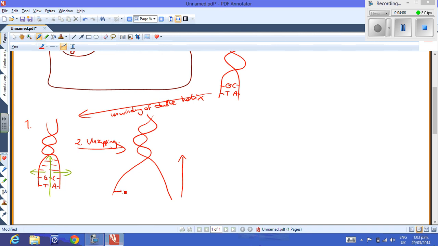So the bottom section now has been unzipped. The A and T have been separated. The G and C have been separated. And then the other bases just starting to separate as that unzipping moves its way up the length of the molecule. And once the molecule has been unzipped, the third step can take place, which is to add new nucleotides.